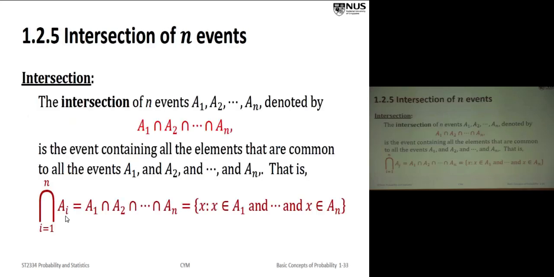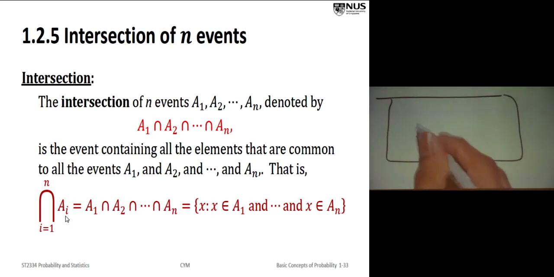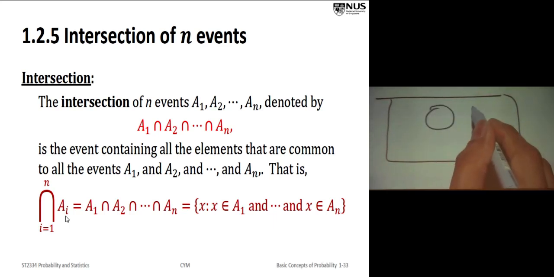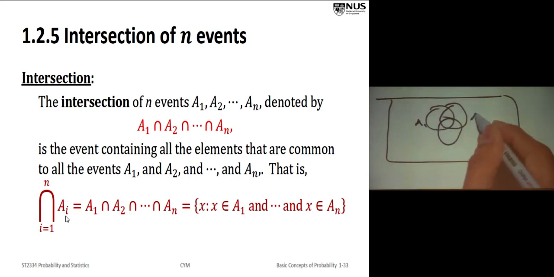Let me just make sure that you understand this notion of multiple intersection. Here, again, I draw my sample space. If I take A1, A2, and A3, this one on my left is A1, this one on my right is A2, and this is my A3.